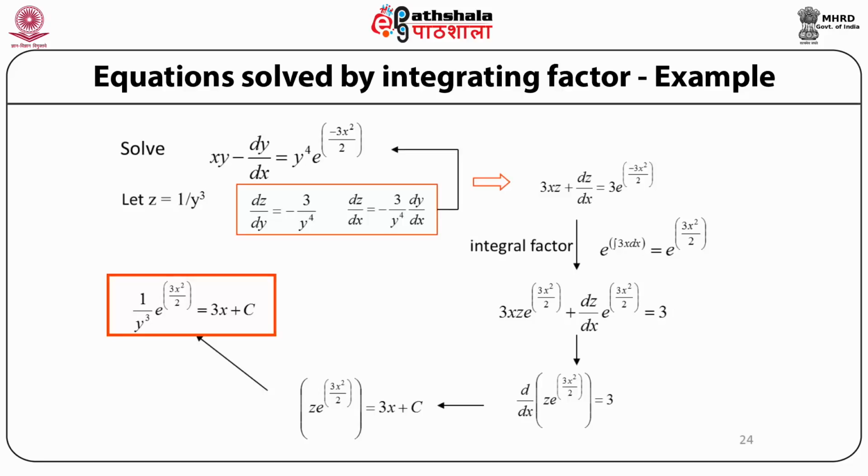Then you can write z e to the power 3x squared by 2 is equal to 3x plus c. Now what is the solution? You have to replace z in terms of y. If you replace that, now you have the exact solution: 1 by y power 3 e to the power of your integrating factor is equal to 3x plus c. That is the solution.